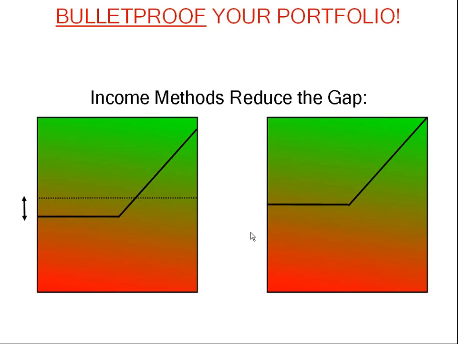So the income methods shown in the blueprint are designed so that we can reduce this risk, still have potentially an unlimited upside, and be able to take advantage of that. Now, with income method number 1, many of you have heard me say this over time, we do end up capping our gains.